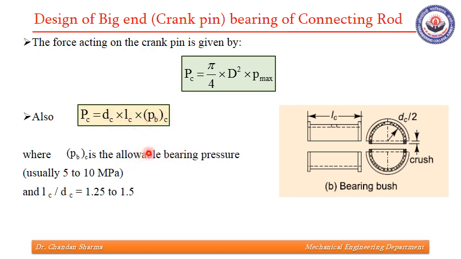At the big end, this allowable bearing pressure is 5 to 10 megapascal, and for the big end bearing, this ratio is 1.25 to 1.5. I must tell you one thing, that we need not remember these formulas and values. These values will be available in the data book, any standard data book that will be provided to us.